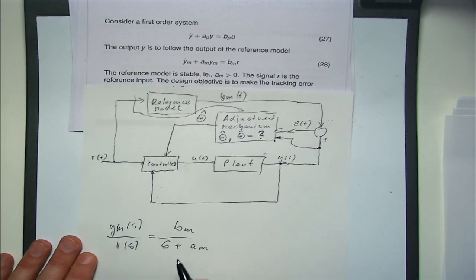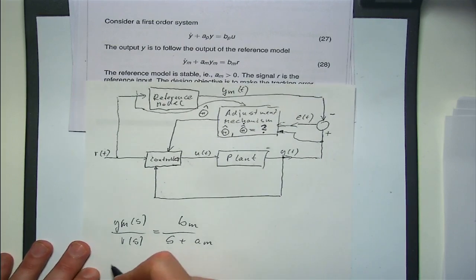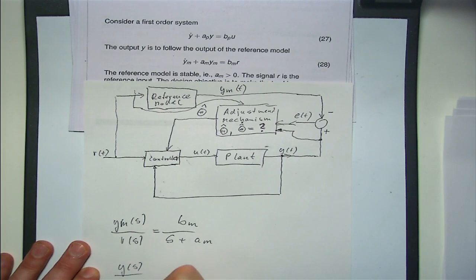And then we have, in addition, our plant, which is Y(s) over U(s) equals Bp over s plus Ap.